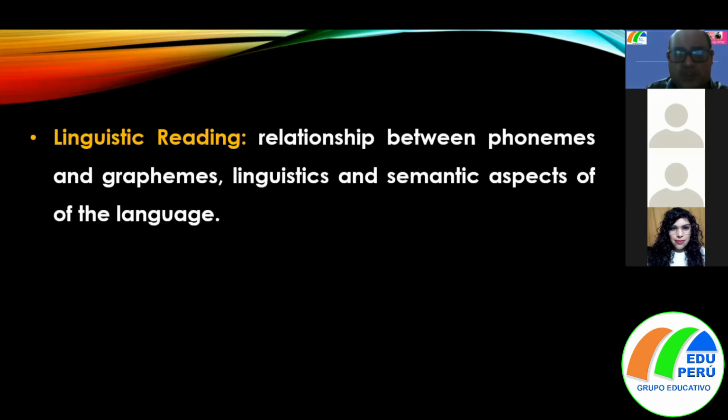In intensive reading, we have two aspects. The linguistic reading: what is the relationship between phonemes and graphemes and linguistic and semantic aspects of the language? Linguistic reading is related to the analysis of the language, the relationship between phonemes and graphemes, so sounds with letters.